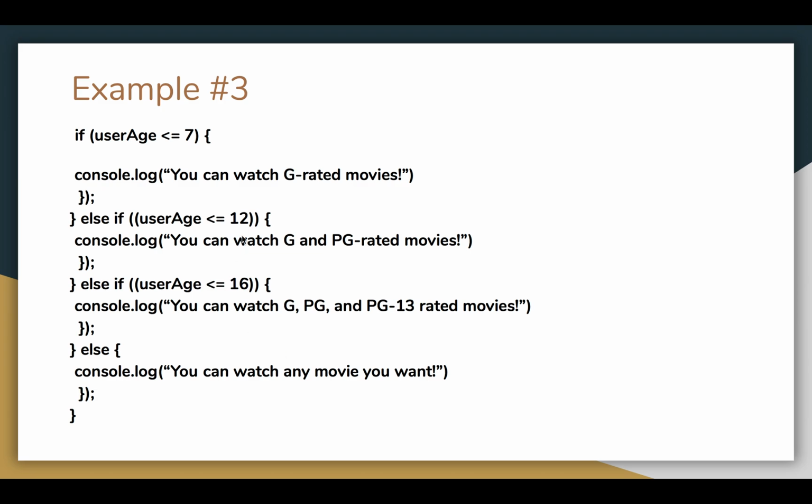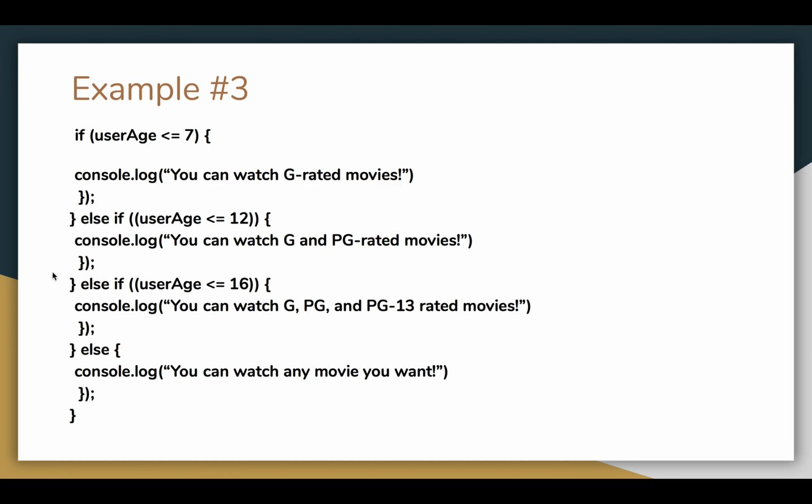But then if I were to say I'm 15 years old, then this would prove false because I am older than 7 years old, so this line of code would not show. And then here, I am older than 12 years old because I'm 15.